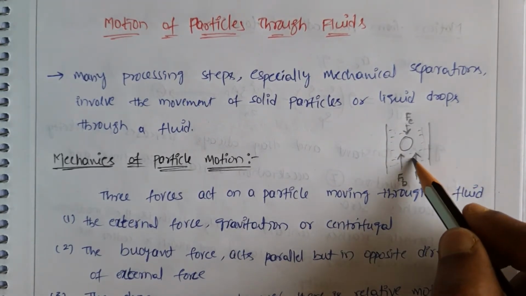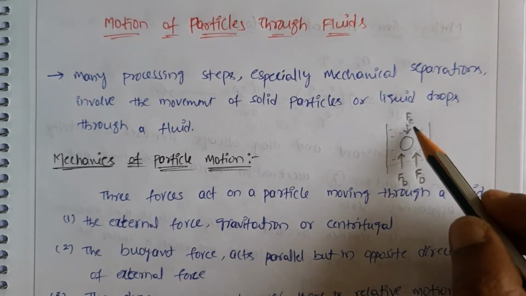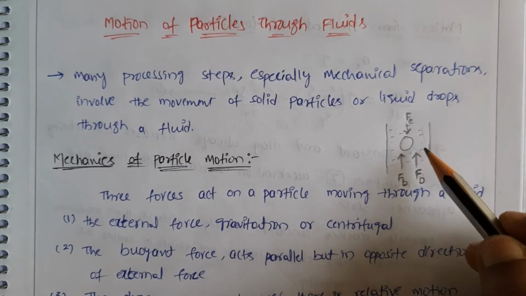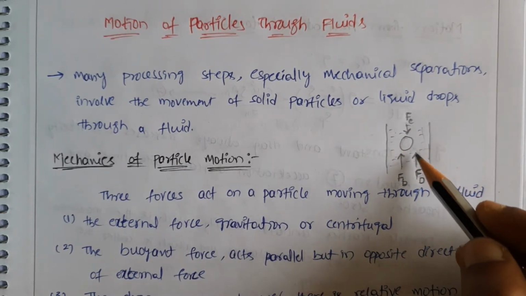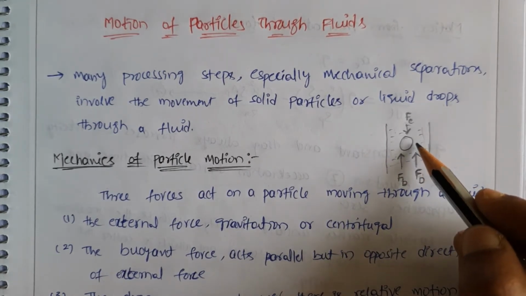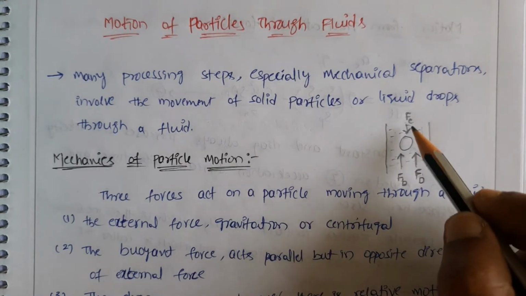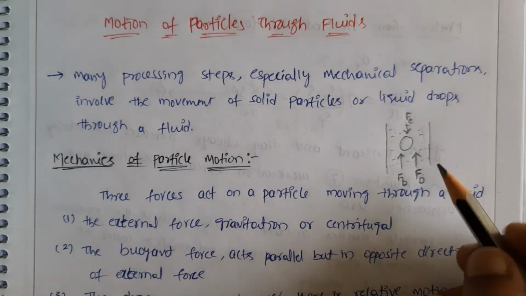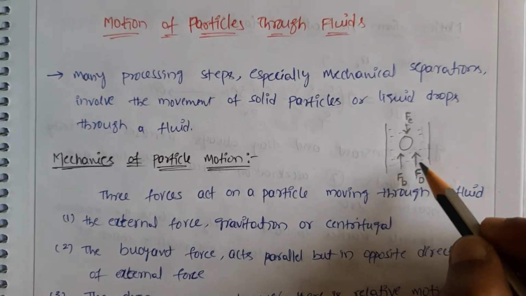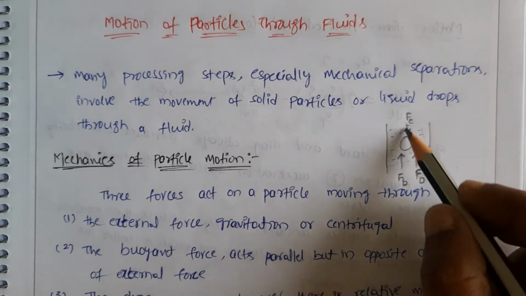Similarly, the drag force arises mainly because of the relative motion between the fluid and the particle. This is also a force acting in the opposite direction, parallel to the external force. Actually, in general, since it is a relative force, it may make an angle with these two forces.